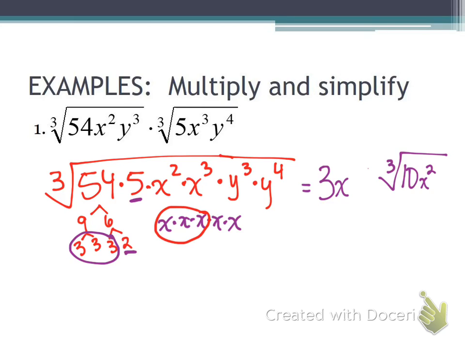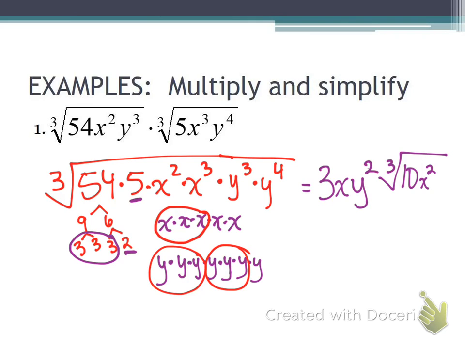Next, we move on to our y's. Again, if you want to write out your y's, all written out, how many y's would we have? 7 of them. All of them. 1, 2, 3, 4, 5, 6, 7. How many groups of 3 do we have? 2. We got a group here. We have a group there. So on the outside, I could write y squared for 2 groups.